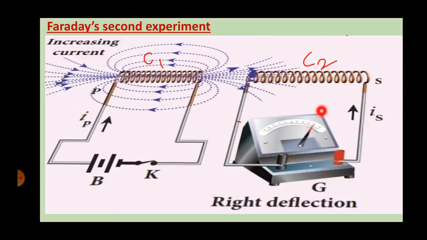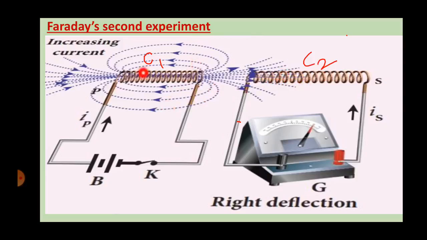This is because when the current in C1, that is the primary current IP, increases from 0 to a certain steady value, the magnetic flux linked with the coil C1 increases, hence the magnetic flux linked with the coil C2 also increases.